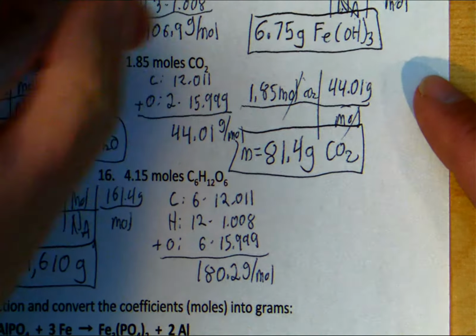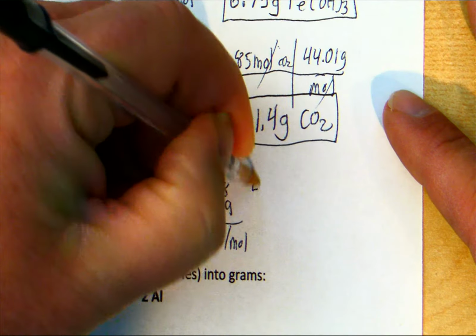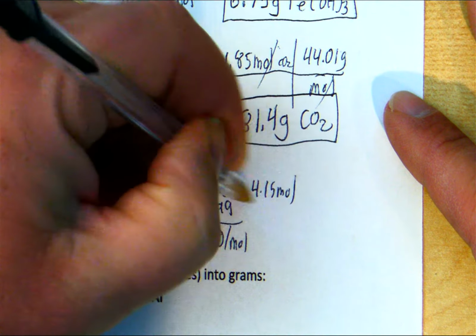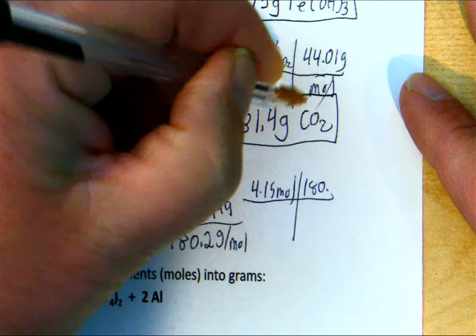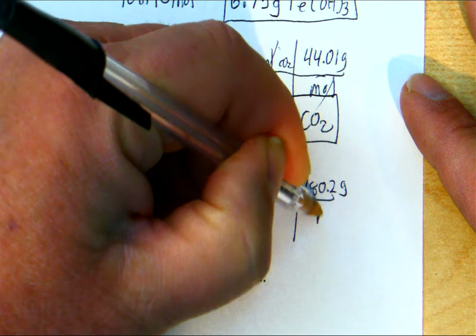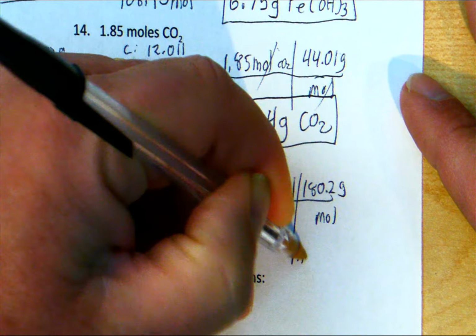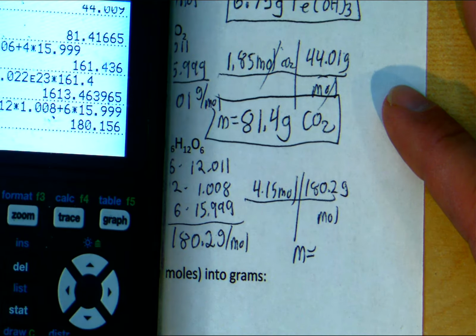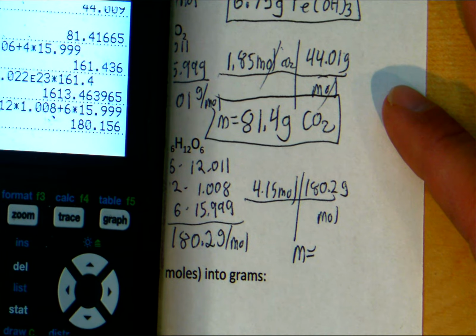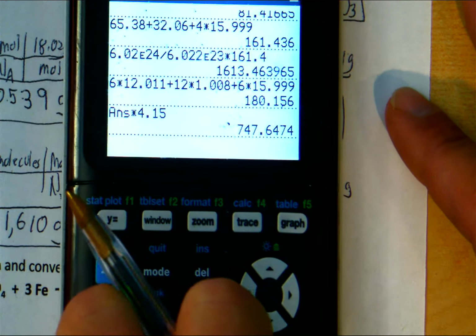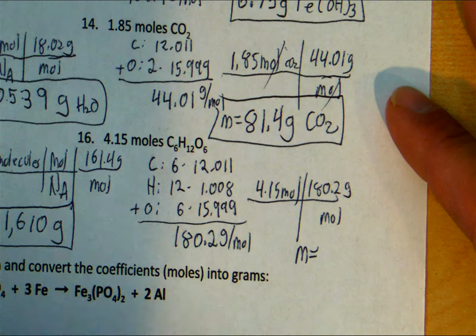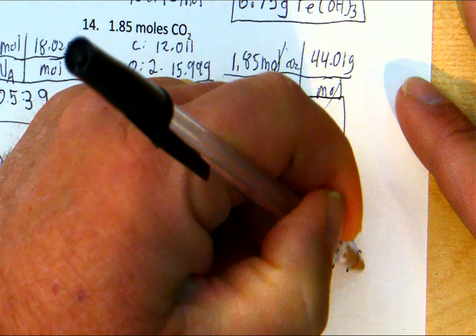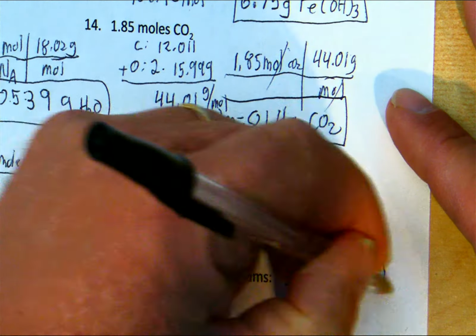So if I have 4.15 moles of that, 4.15 moles times 180.2 grams per mole means the mass of the sugar is 748 grams.